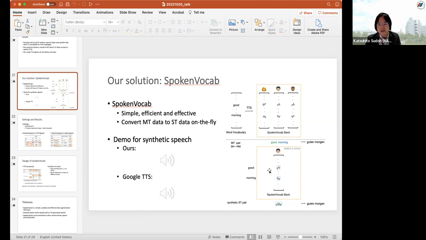Okay, yeah. So in case of English, it's surprising to me that the word level spoken vocabulary would help the speech translation, because also in English the intonation will somewhat change in the context, I think.